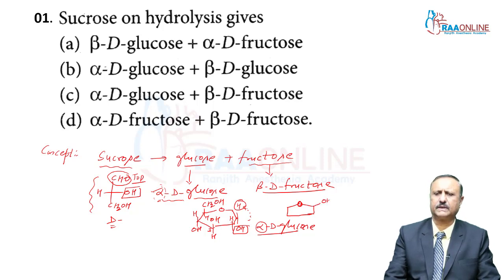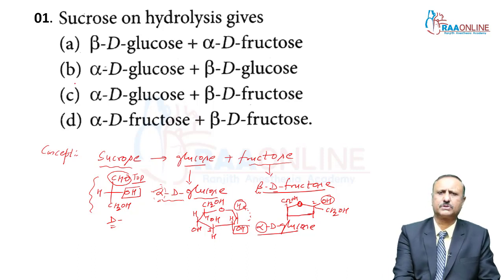Here the OH group is present on the upper side, and the CH2OH group is present on this side. It is the second carbon atom. Then the third, fourth and fifth carbon atoms, and you can get the CH2OH group. This is called beta, my dear students. When this OH group is present on the upper side, that is why it is called beta, and the D form configuration is present in the molecule.